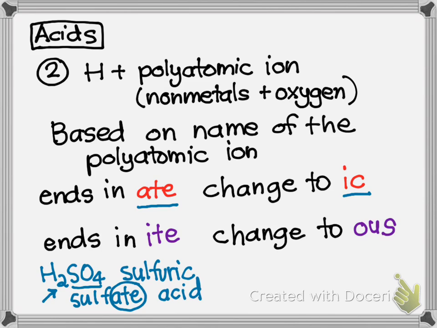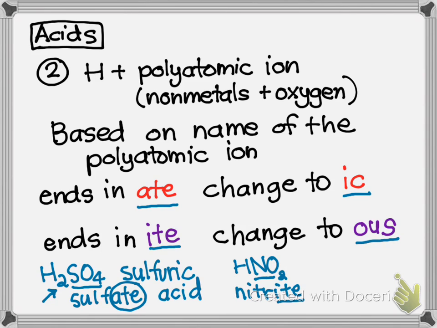Now, what about if we have an ite ending? That's going to change to ous. So let's say I have HNO2. NO2 is nitrite. So see that ite right there? Ite is going to change to ous.